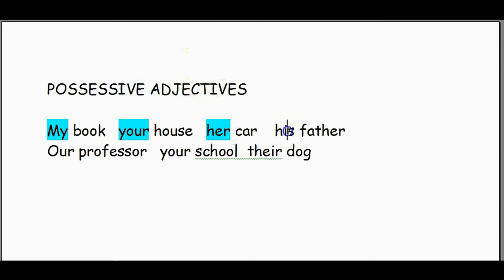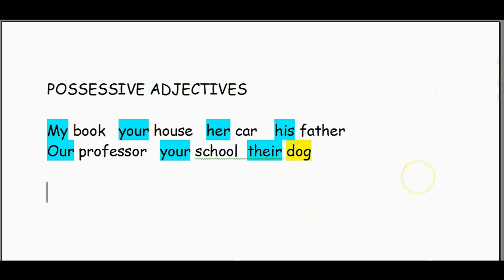And we know that adjectives add information about the noun. They add something. In this case, they indicate the possession, who the possessor is of this particular noun, these objects. We know that in English, adjectives only have one form and that nouns can be either singular or plural.